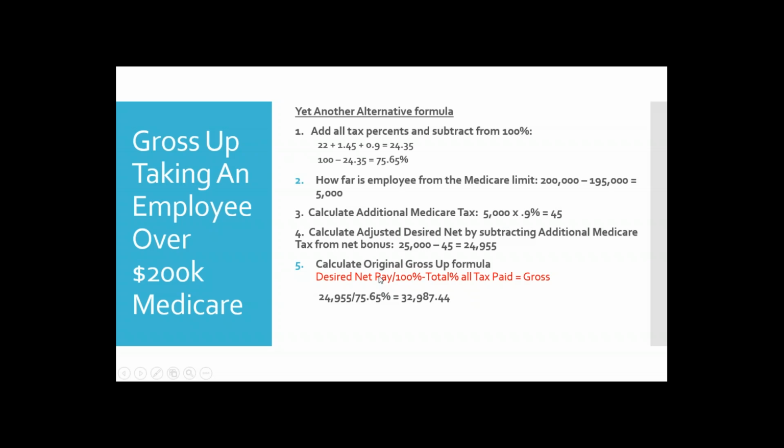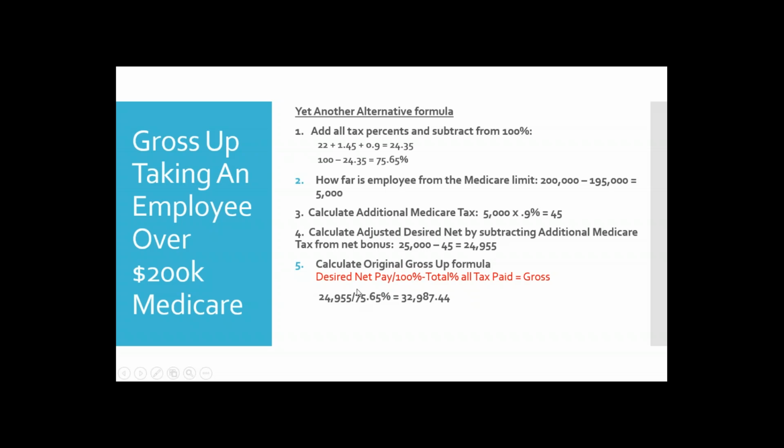Your adjusted desired net will be the net bonus of $25,000 minus the additional Medicare of $45, or $24,955.